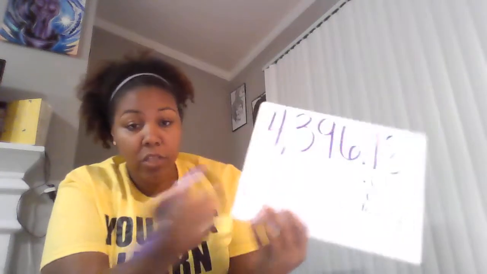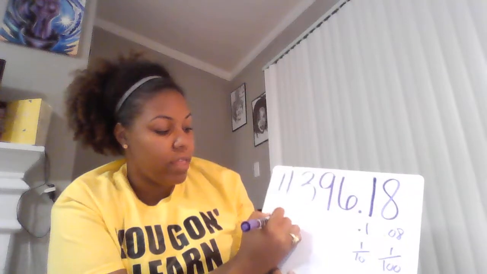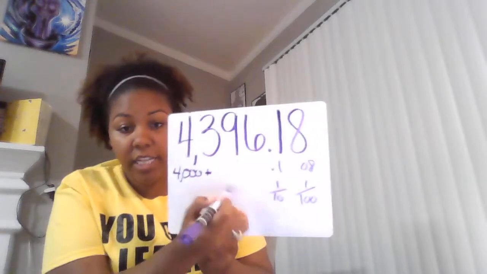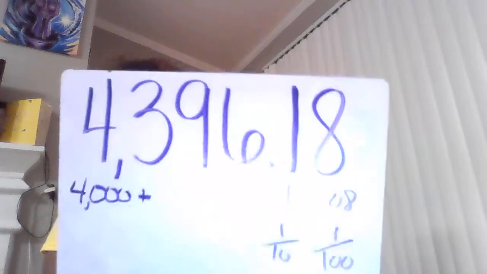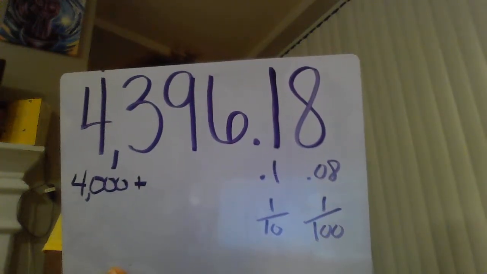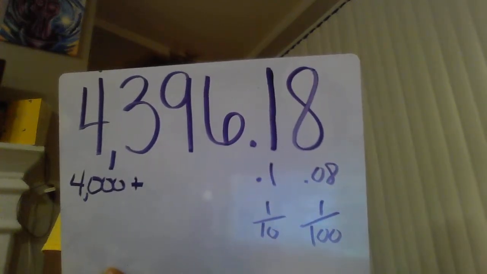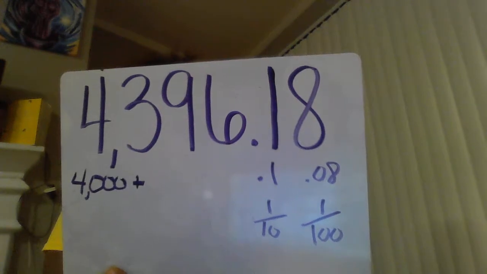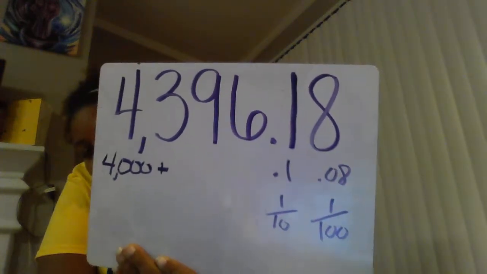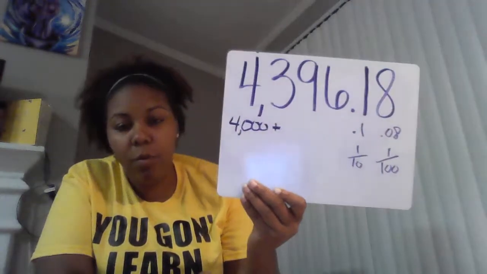So if I'm starting with 4,000, then I will write 4,000 plus, and you're going to continue on to the end of the number. Come back to me in 5, 4, 3, 2, 1.